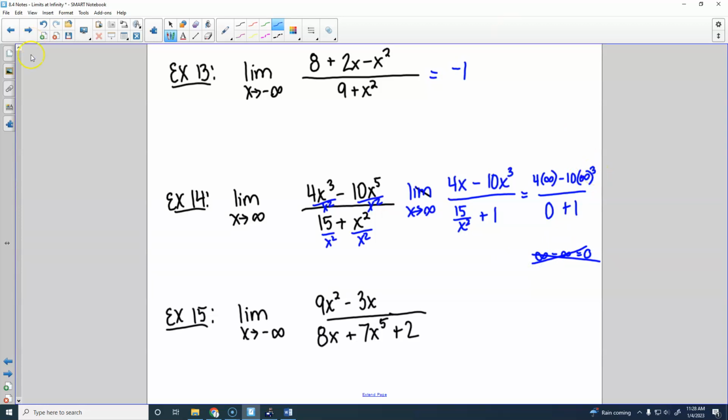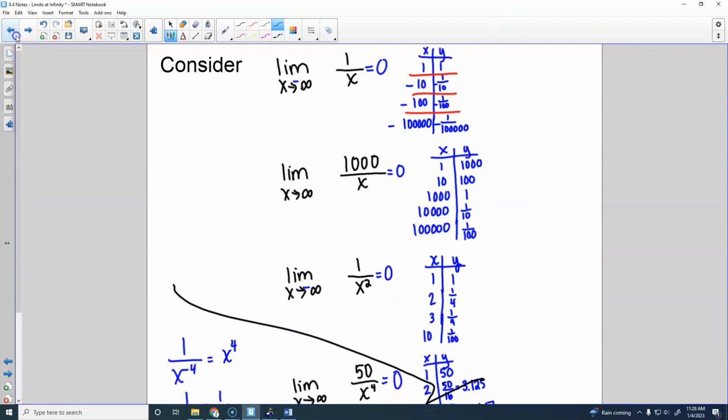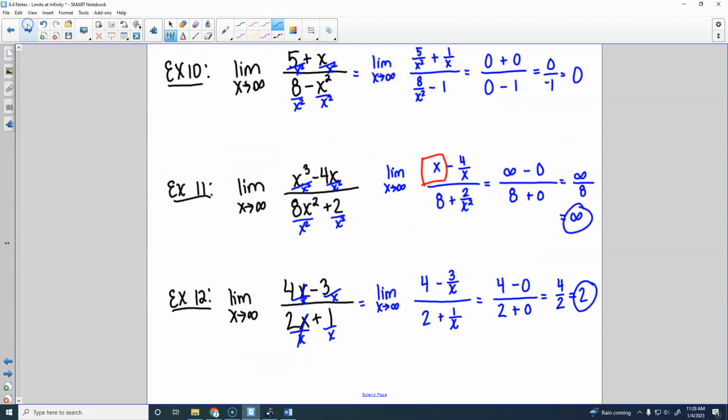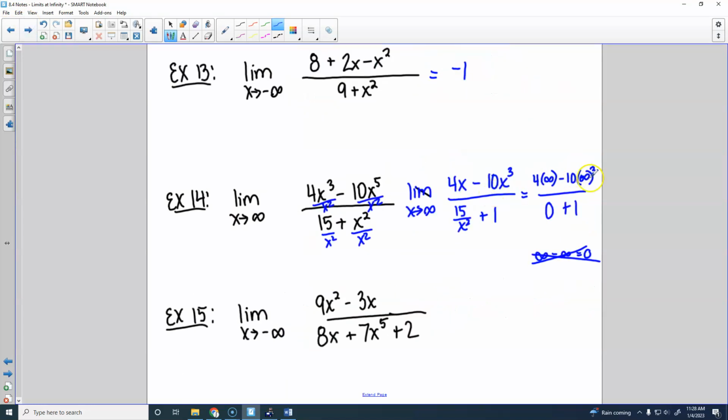So if you think about those first ones that we were doing over here, what did we care about? The highest exponent. Because for really, really big numbers, that bigger exponent is going to overtake anything else, right? So when we look at this here, because this infinity is to the third power, it is the one that matters.